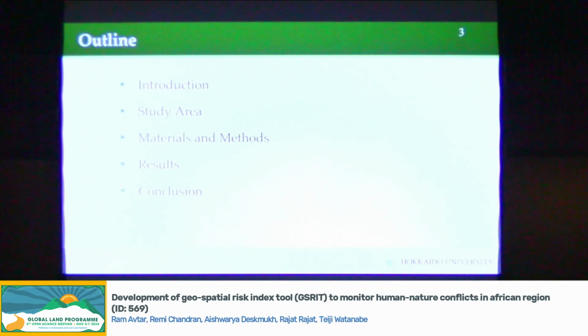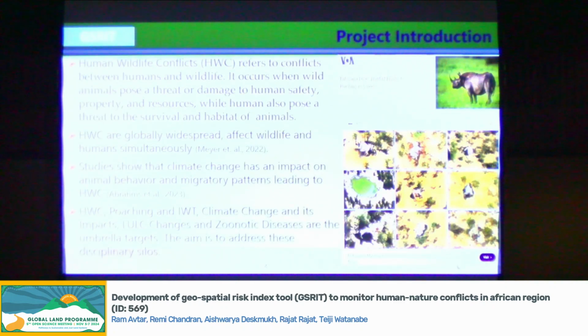This is briefly about myself. I'm currently working at Hokkaido University. Before starting my talk, why do we need to work on human-wildlife conflict? When the conflict happens, it has negative impacts not only on human beings, but also on wildlife.